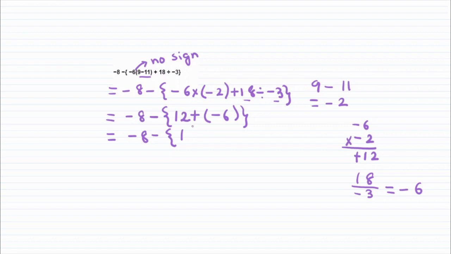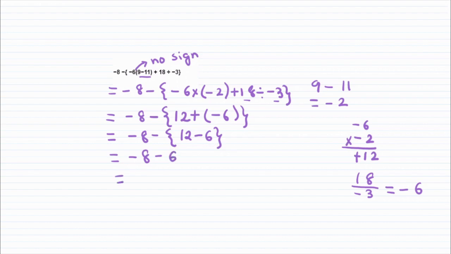As positive sign is present before the parenthesis, so according to rule 1, there is no change in sign from over here. So ultimately it is going to be 12 minus 6. Next, minus 8 minus. Let's finish this operation. This is simply 12 minus 6. So this is going to be 6.